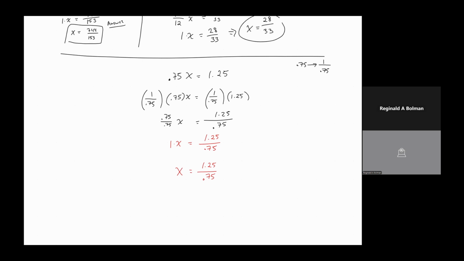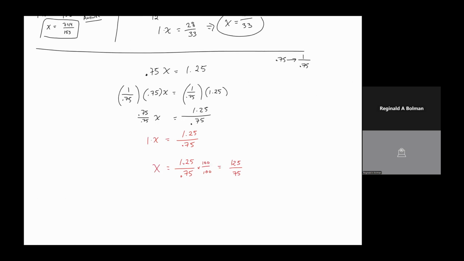So we can, if we want to, count the number of digits behind the decimal place. You'll note that you've got 2 digits on top, 2 digits on bottom. So if you multiply by 100 over 100, we can move the decimal place 2 spaces to the right, and we get an equivalent fraction, 125 over 75.